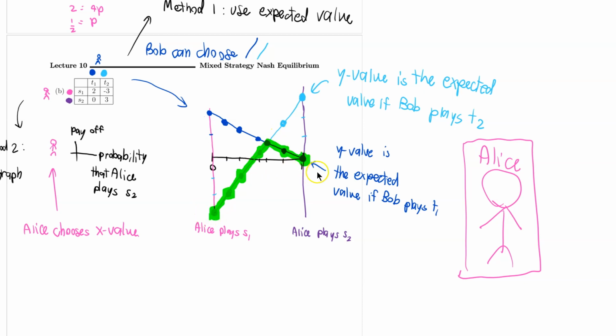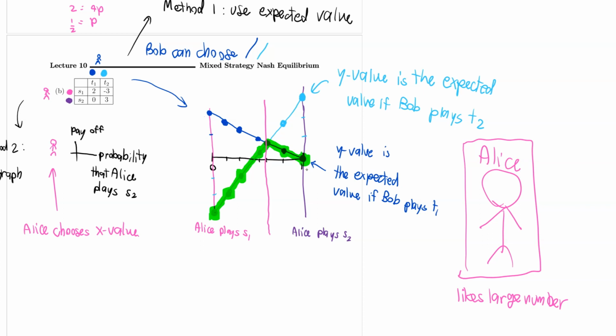And remember how Alice likes large numbers. And she looked at this and said, well, remember that Alice can choose the X value. So the best thing that Alice can do is to choose the X value so that the green highlighter is the biggest that it can be, which is basically where the two graphs meet.